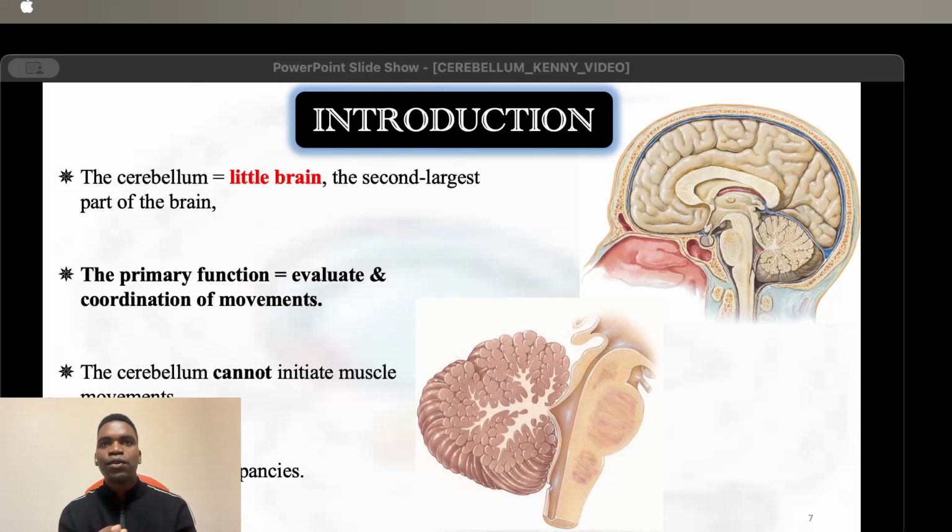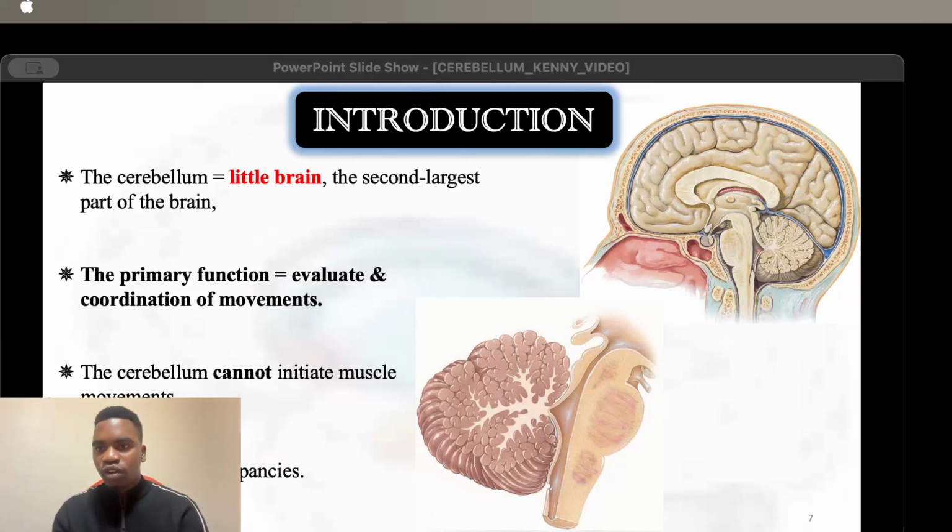I can compare it with Italian, because for example in Italian, fratello means brother, but if you say fratellino it means little brother. So same applies in Latin. So cerebrum is brain, cerebellum means little brain. So that's how it is.